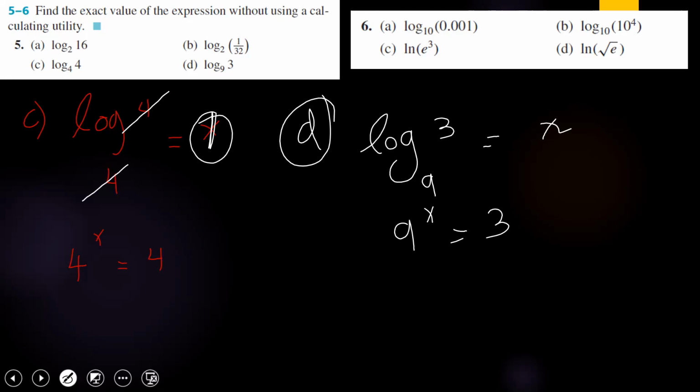To solve it, look at the small number. Is it 3 or 9? It is 3, so keep it as it is. Now try to make 9 as 3 to the power something. 3 to the power 2.